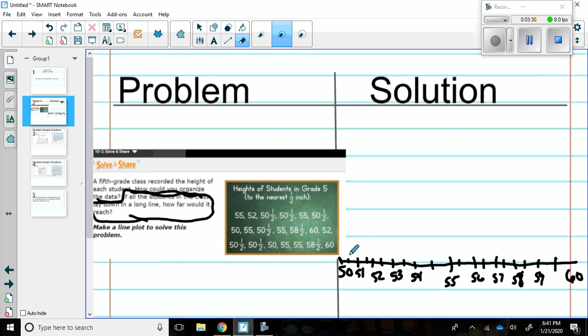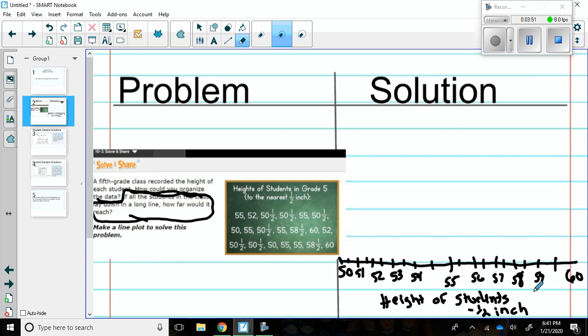Also, I better label this so I know what I'm doing. This is the height of students. And I think it's also important that we know that it is to the half inch.